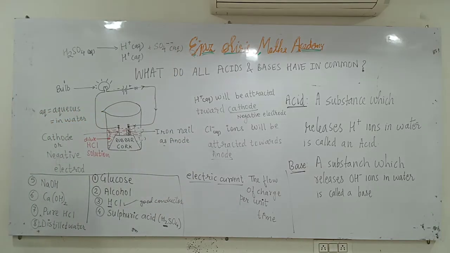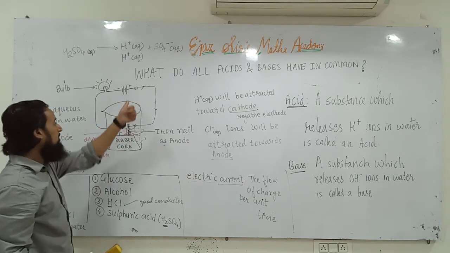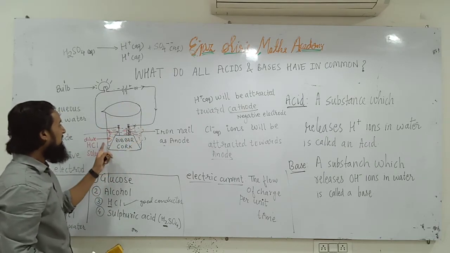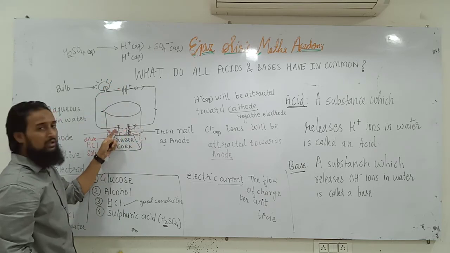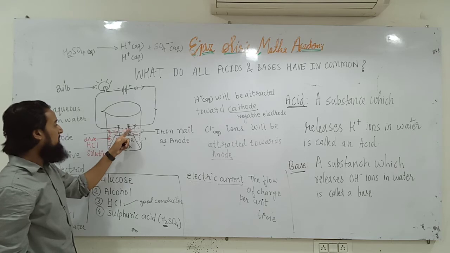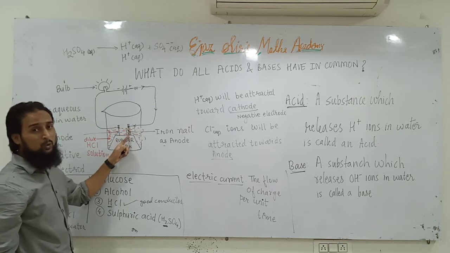These are positive and negative ions. As soon as we switch on, electric current will flow through it. H positive ions will go towards the cathode, the negative electrode, and SO4 2 negative ions will be attracted towards the anode.